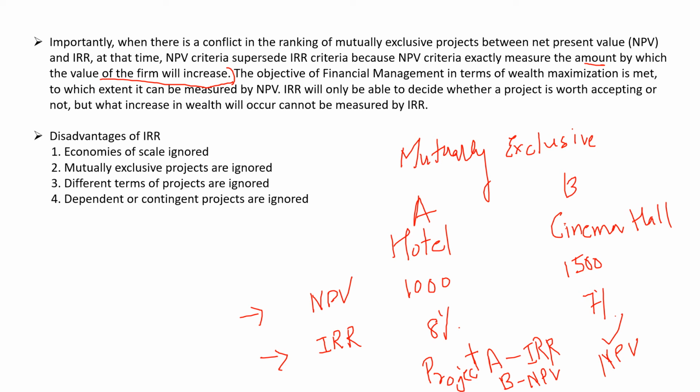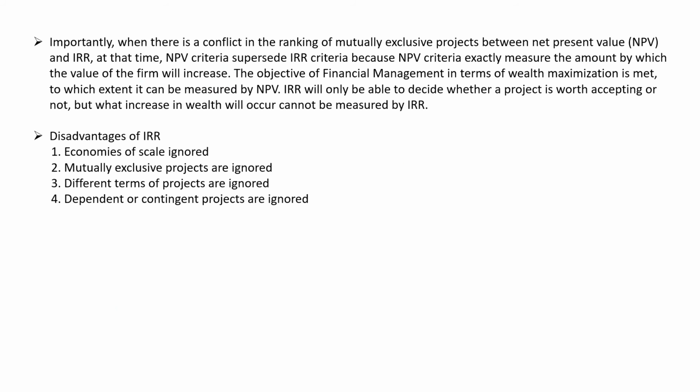So we will be selecting to set up a cinema hall, because our NPV comes out to be 1500, which is greater than 1000 of project A. Understood? Yes, now let us move to the disadvantages of IRR.